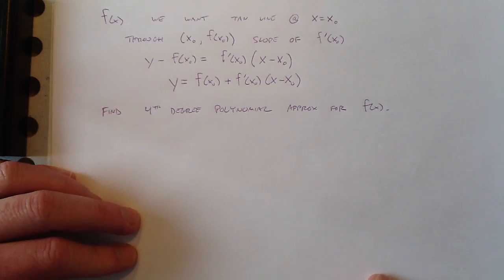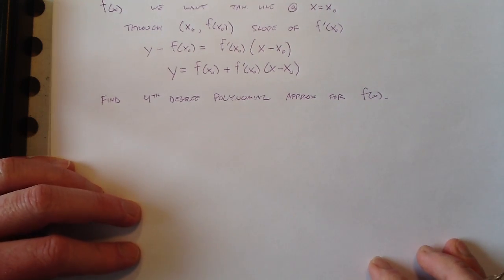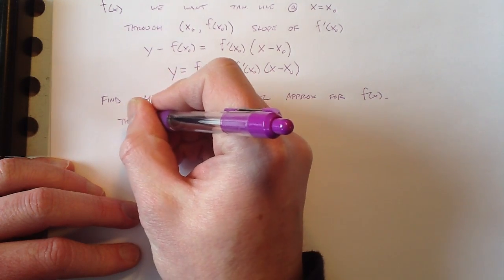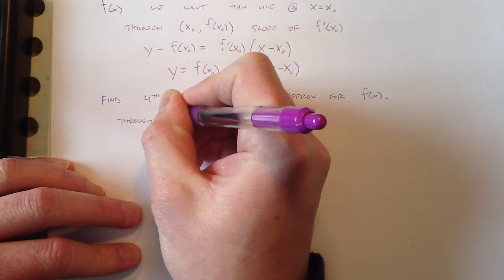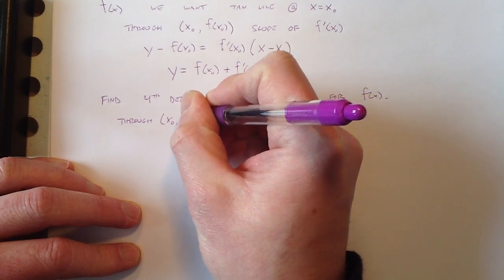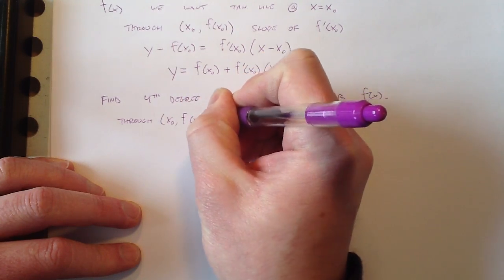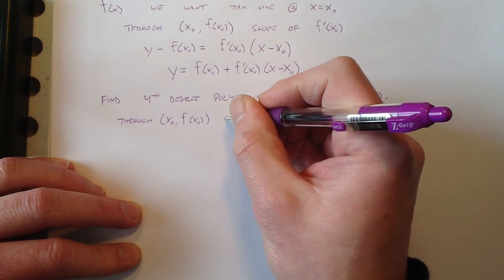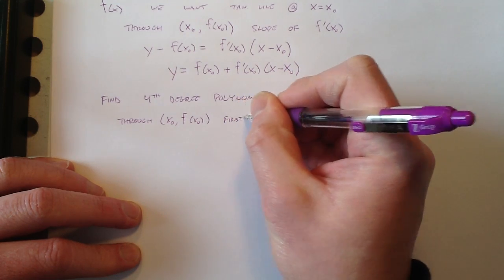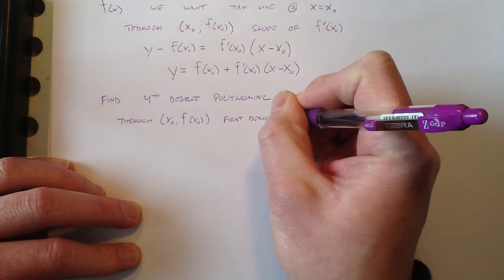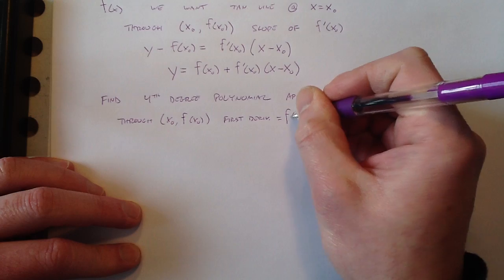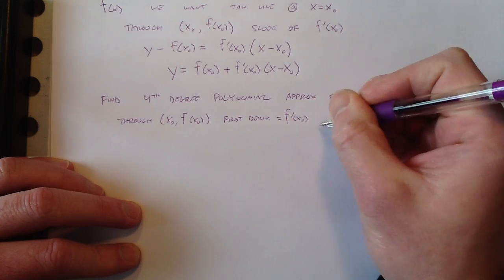All right, well, it starts the very same way that we do a tangent line. We know that it has to go through x sub 0, comma, f of x sub 0. We know that it has to have a slope, or first derivative. I'm going to call it the first derivative here. We called it the slope there, same thing. It has to be f prime of x sub 0.